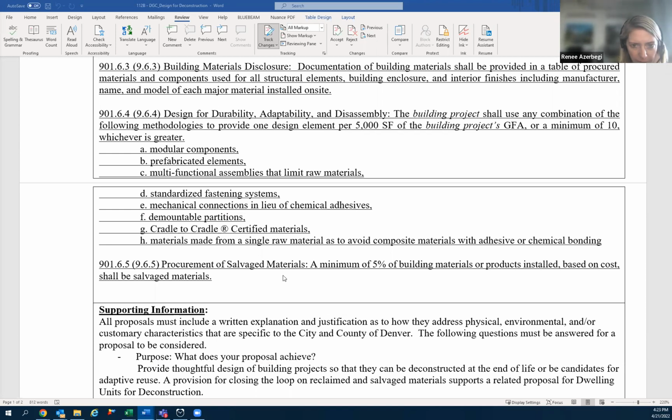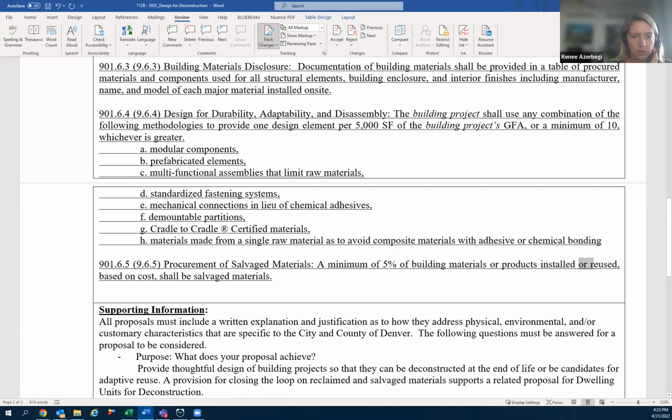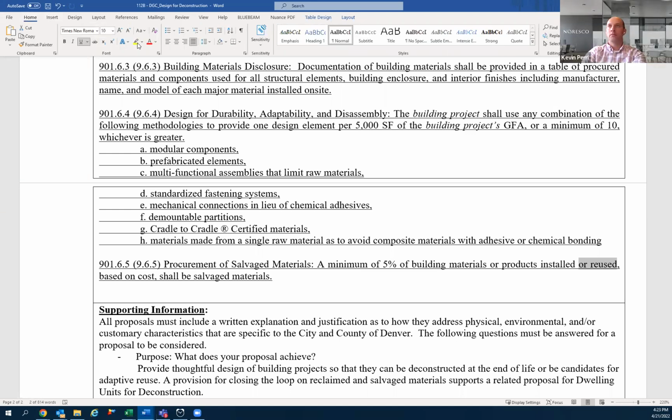Minimum 5% building materials or products installed or building materials or products installed or reused. Did I capture that correctly? Thank you. Okay, so there's a motion on the table.